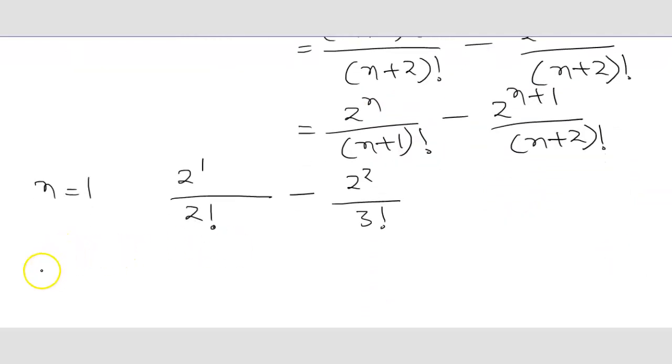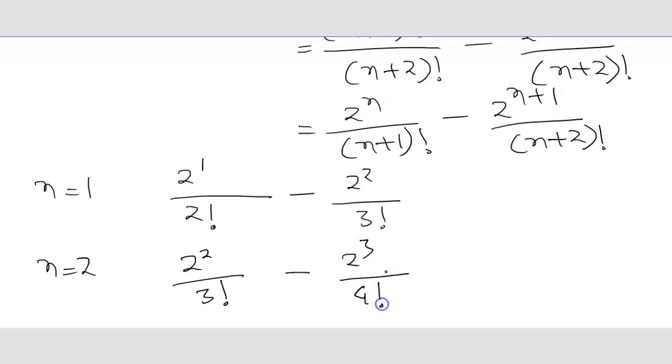So when we put n equals 2, what will be the result? The result will be 2 square by 3 factorial minus 2 to the power 3 by 4 factorial.